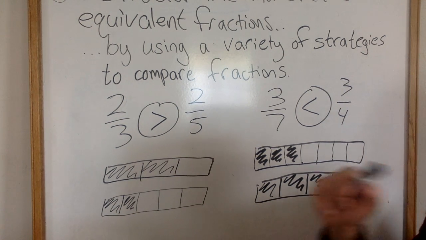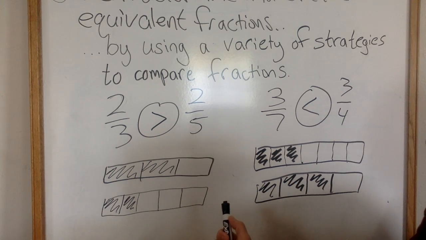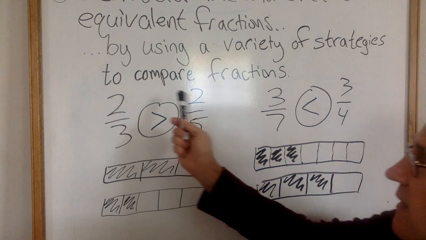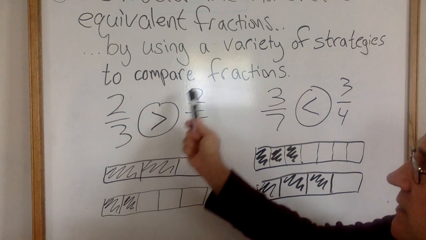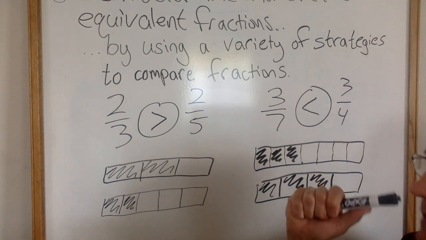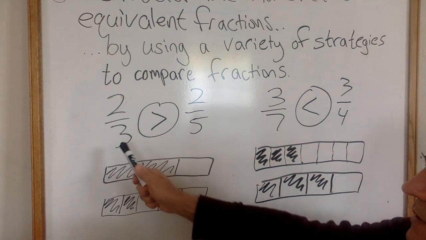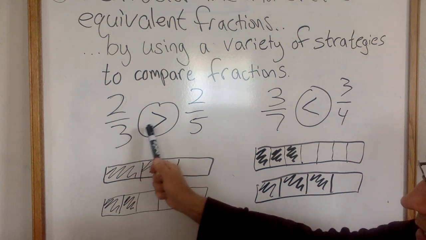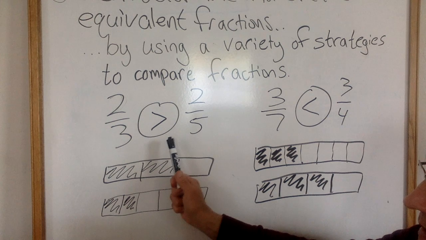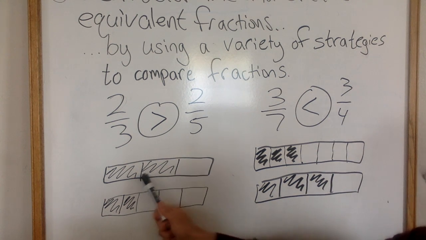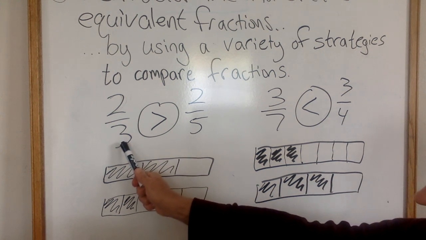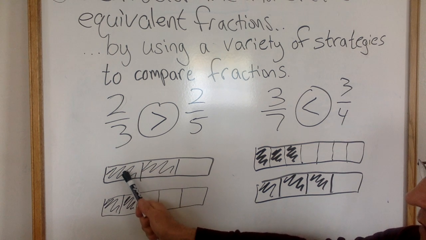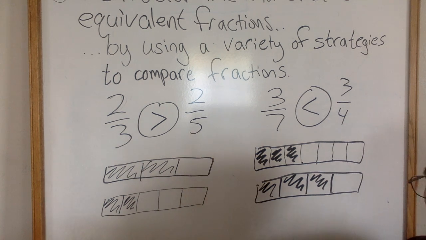All right. What you should notice is when our numerators are the same, 2 is equal to 2, 3 is equal to 3, what we use to compare is our denominators. 3 is not greater than 5. 3 is less than 5, but the fraction is greater because these pieces are going to be bigger than these pieces.